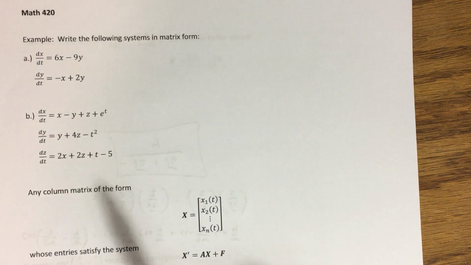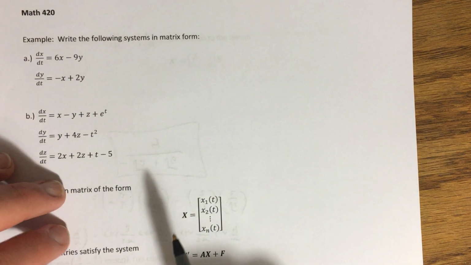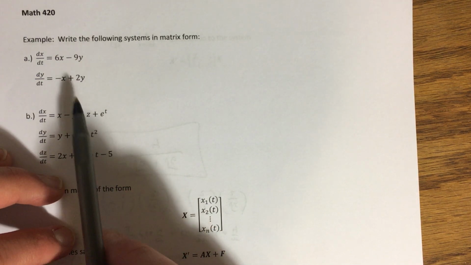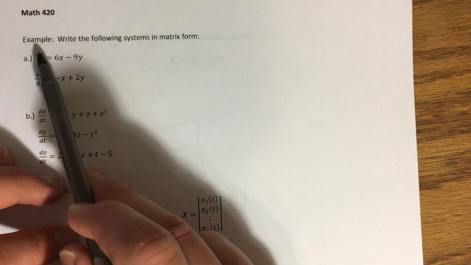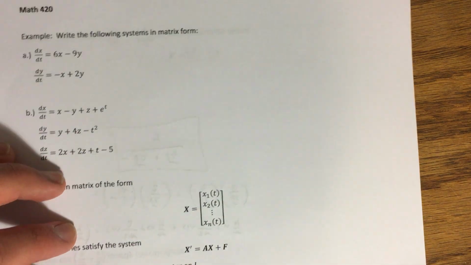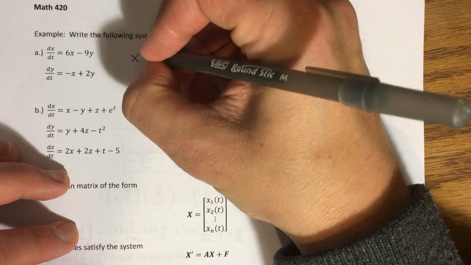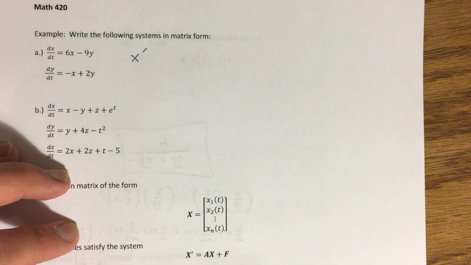That's what it's going to look like. My coefficient matrix is going to be exactly the coefficients on my x's and y's, those unknowns. So I know that this left-hand side, taking the left-hand side of each of those equations and putting them into a column matrix, is going to be what we're calling x prime.